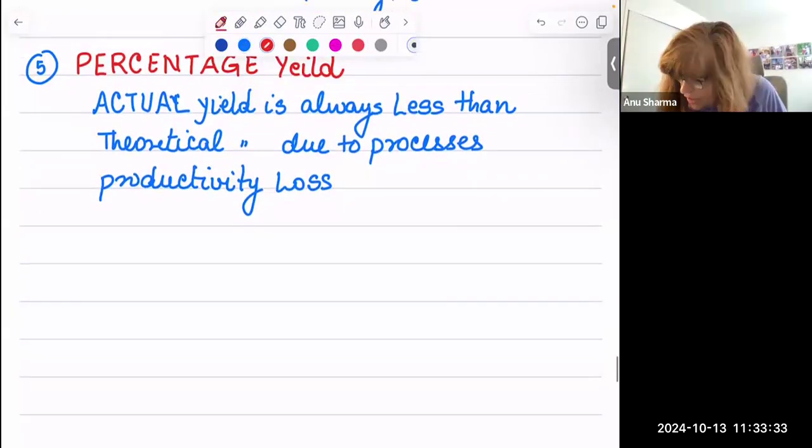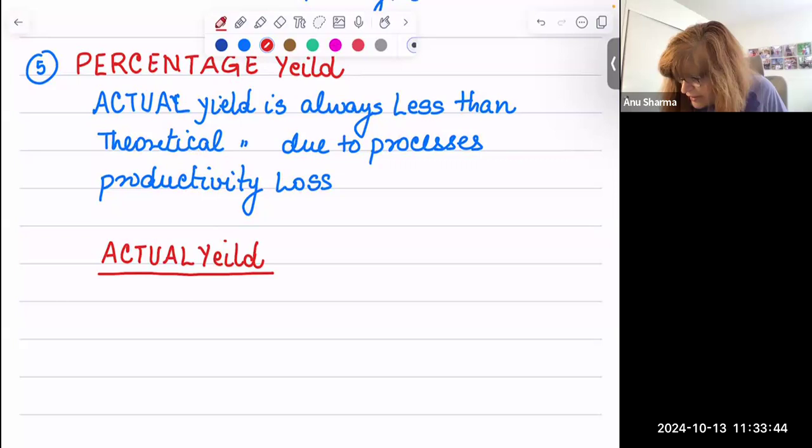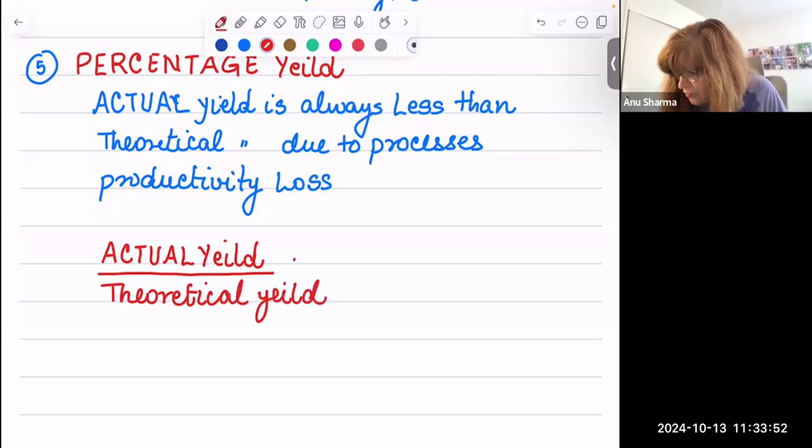So what is the formula? Actual yield is what you get in hand after you finish all the steps. So this is the real yield. Theoretical yield is just calculated on paper. Actual yield divided by theoretical yield times 100% is the percentage yield.